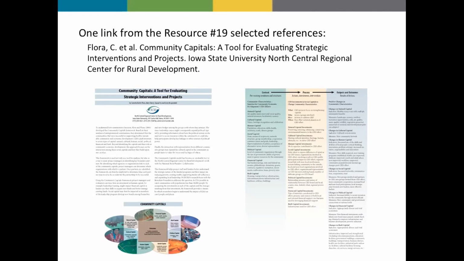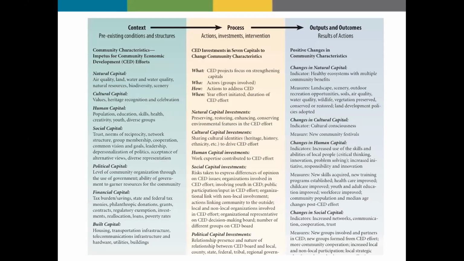I've just copied some of the pages of this resource to show you that it has a specific tool that Melissa can look at and now adapt for this community that she's working with that wants to go from feeling like there's an issue to resolve to knowing what they want to do next.